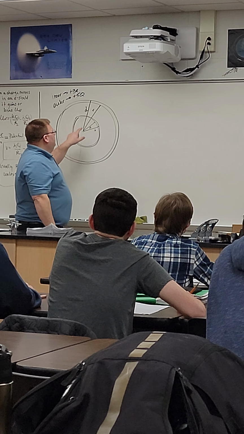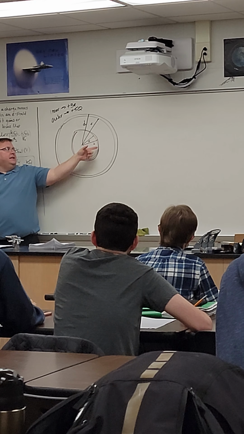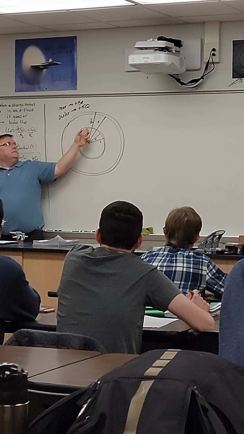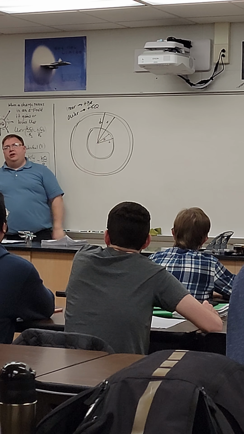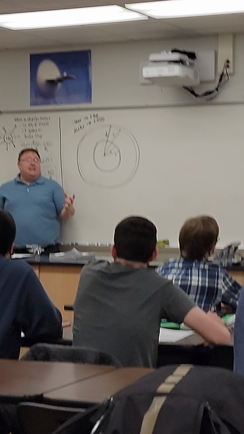With charge, again, it's a thin shell. So on the inside of the shell, let's start with the inside one first. If this shell has a total charge of 3Q, where does all of that charge go? To the outer, it wants to get as far away as possible, right?